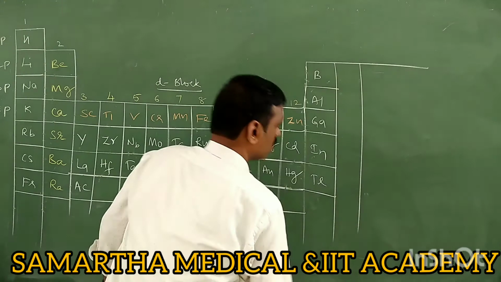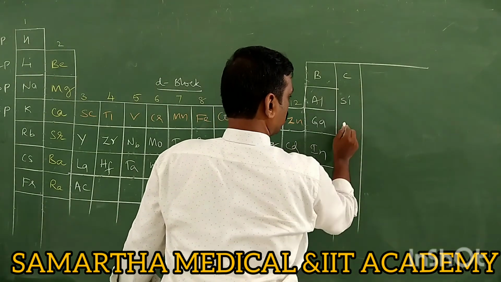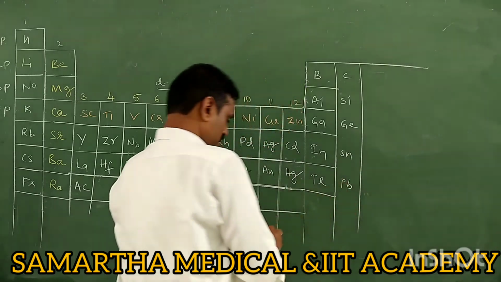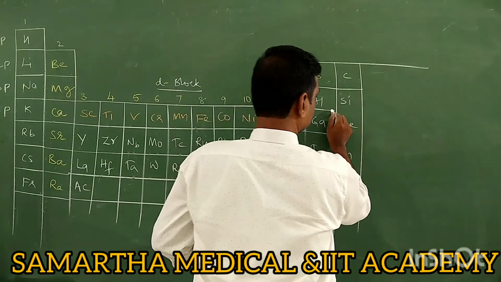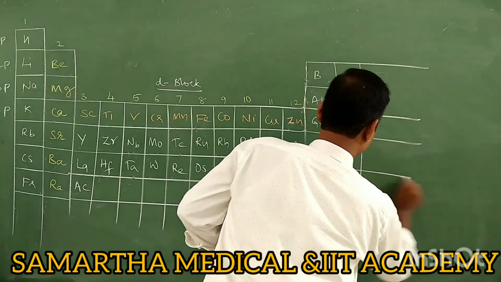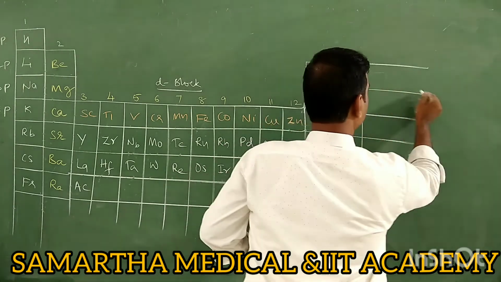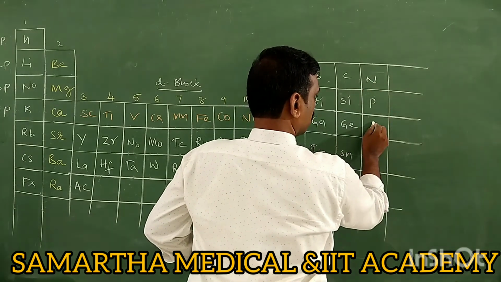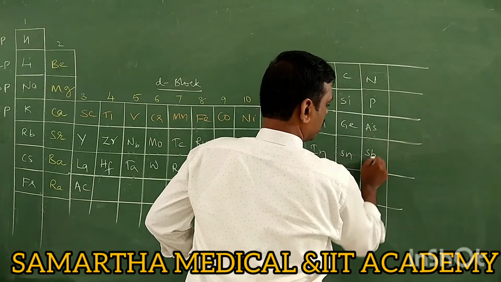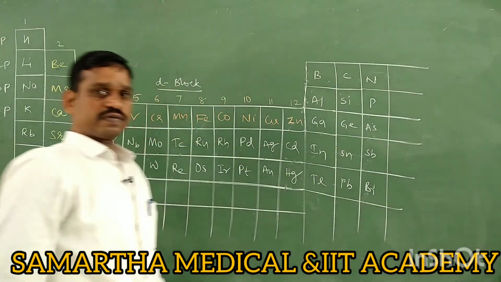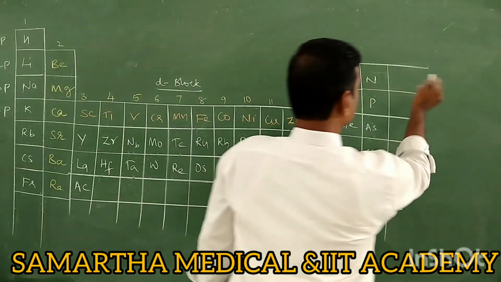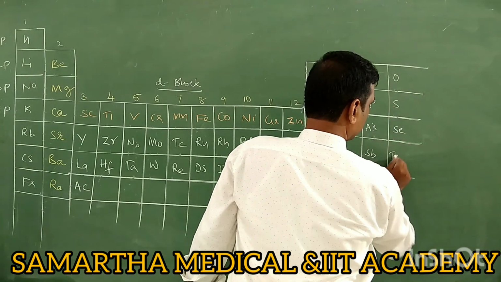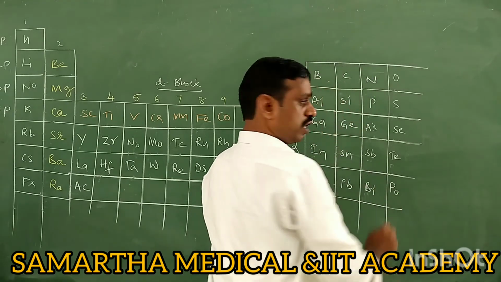Next, carbon, silicon, germanium, tin, lead. Next is nitrogen, phosphorus, arsenic, antimony, bismuth. Next, oxygen, sulfur, selenium, tellurium, polonium.